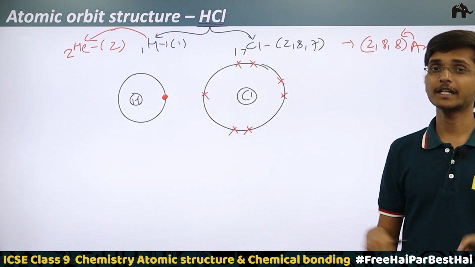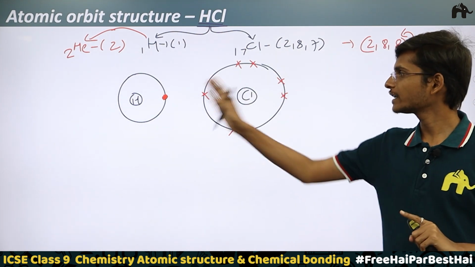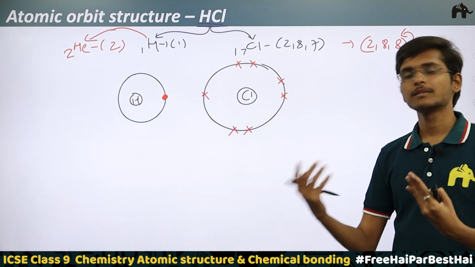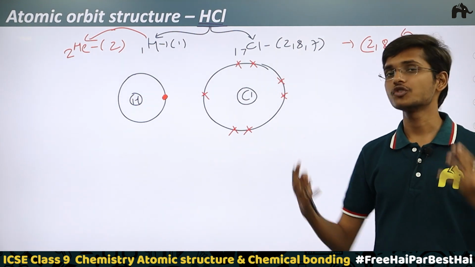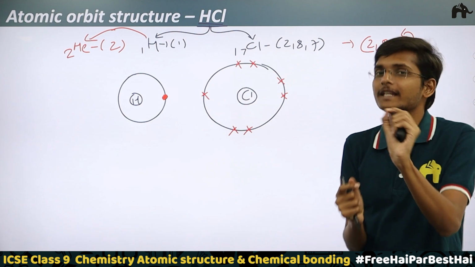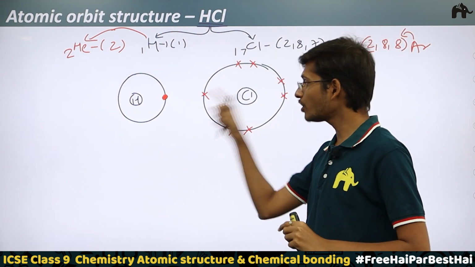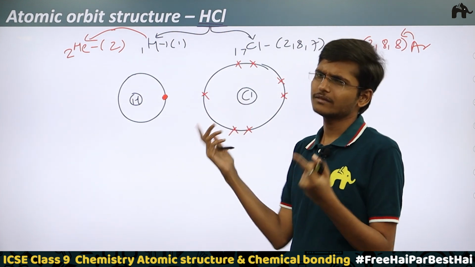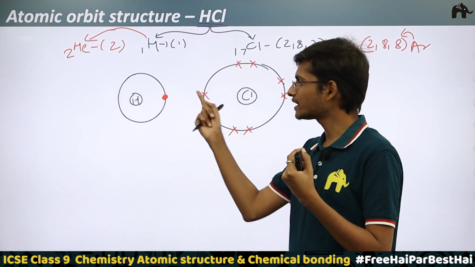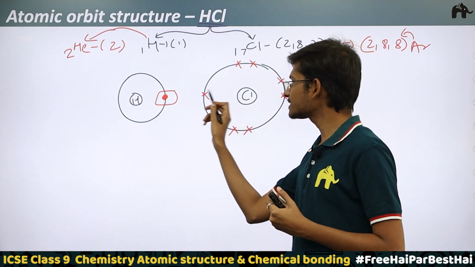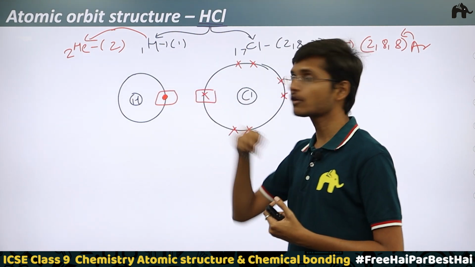So both of them desperately want 1 electron, but neither of them is ready to give up an electron. So what would happen? They would share their 1 electron with each other. The hydrogen atom shares its only electron with the chlorine atom, and the chlorine atom shares its 1 electron with the hydrogen atom.